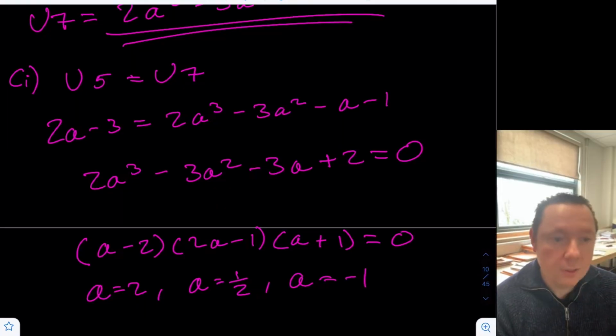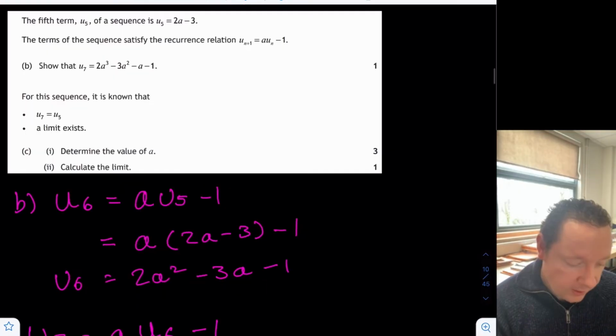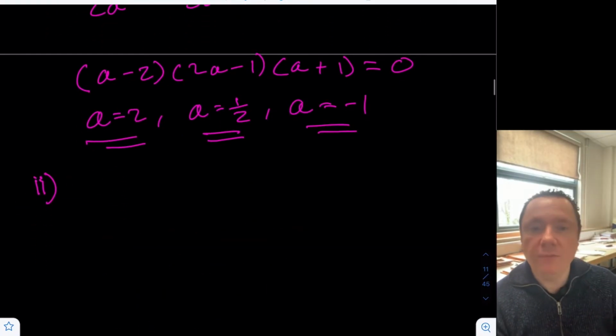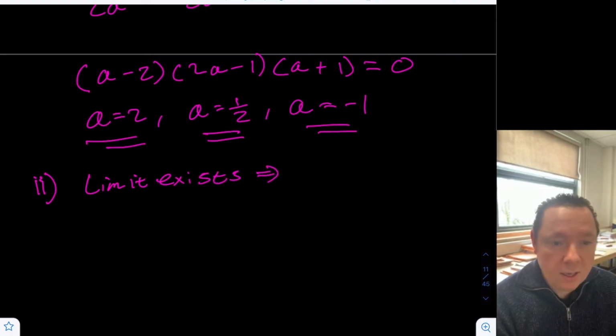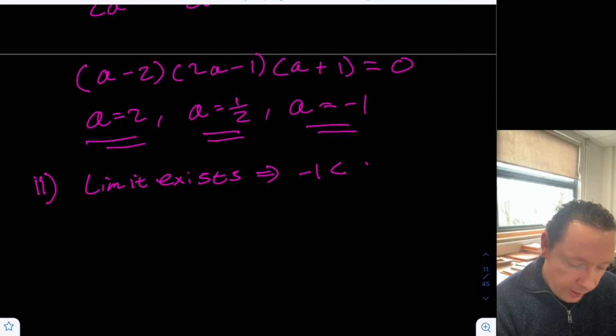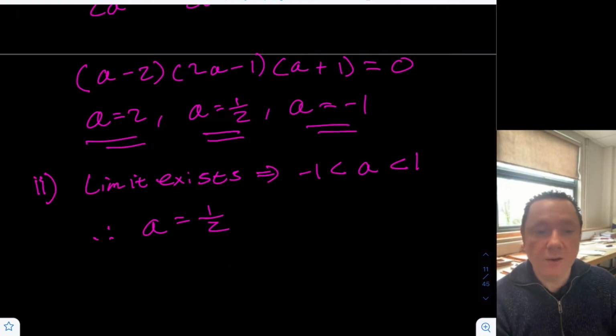And we've solved that. The limit exists, calculate the limit. This is just a pure sequence question. If the limit exists, that implies that minus 1 is less than a is less than 1, and therefore a must equal a half because the other two are invalid.